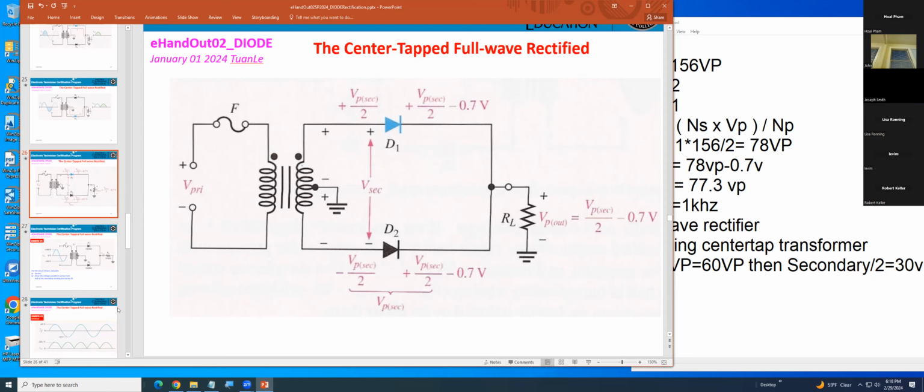I don't know if they give any example in here or not. Because you got the diode on top, and it's V peak divided by 2 minus 0.7. Then you got V peak on the bottom divided by 2 minus 0.7. But 0.7 and 0.7 is 1.4. So then whatever answer you have on the output gets minus 1.4. Is that correct or what? I don't know.